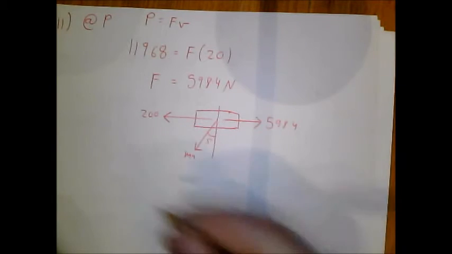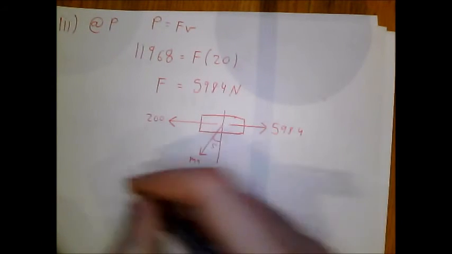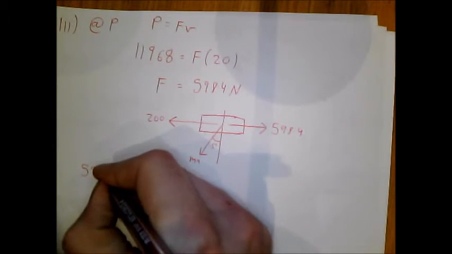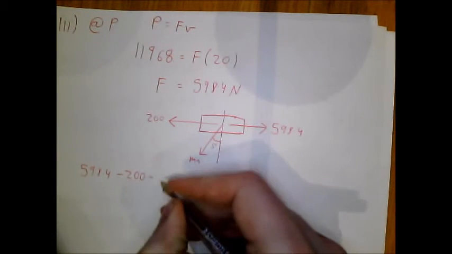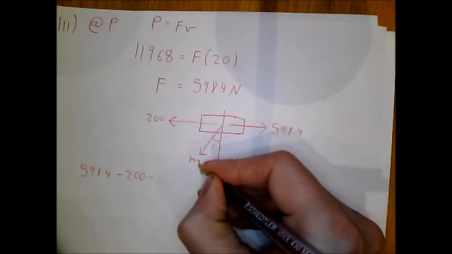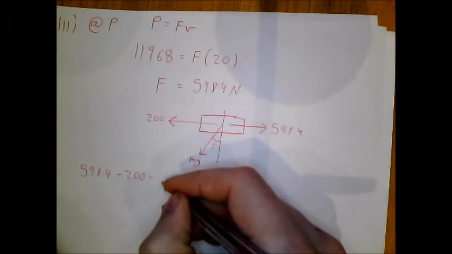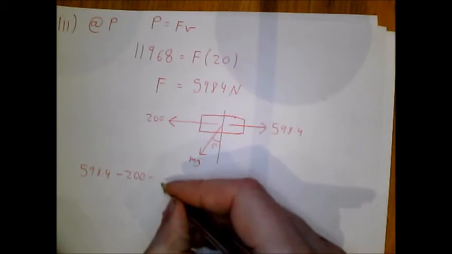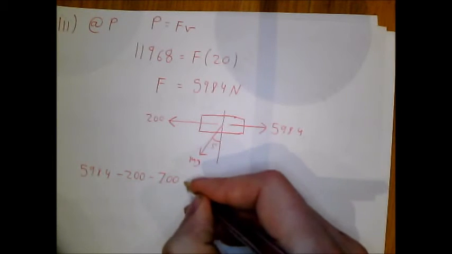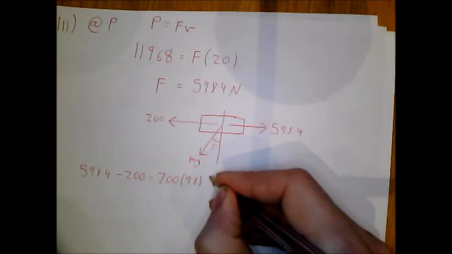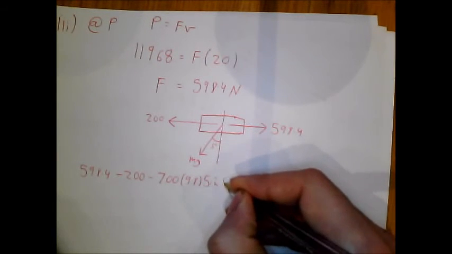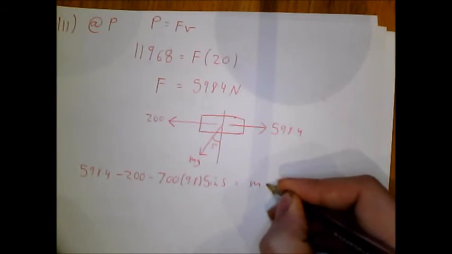So using F equals ma, 598.4 minus 200 minus mg, the mass is 700, so minus 700 lots of 9.8 sine 5 equals ma.